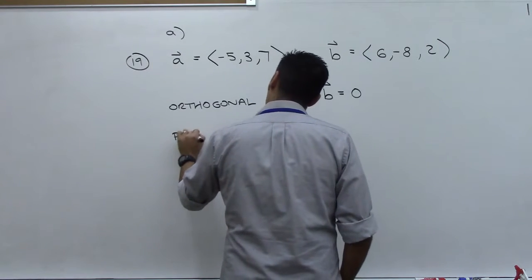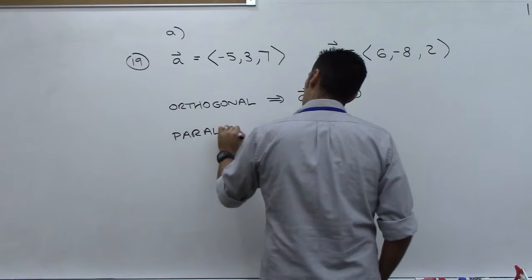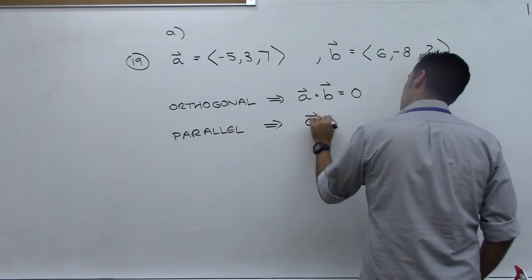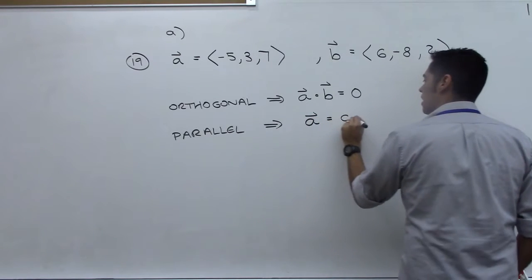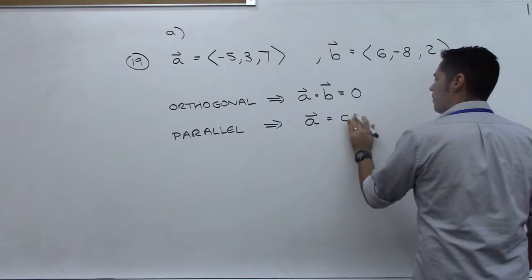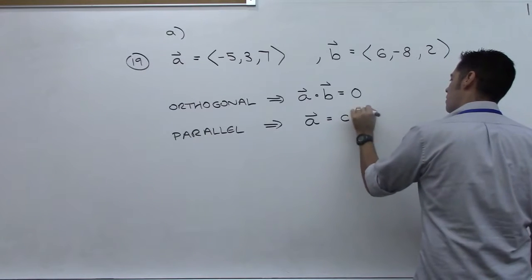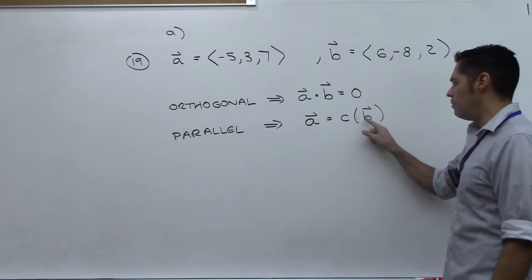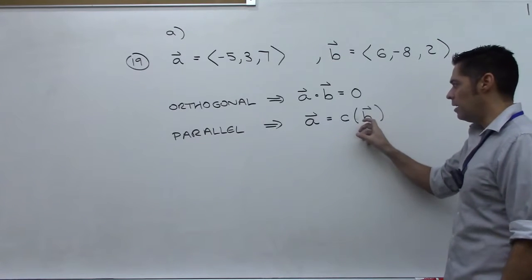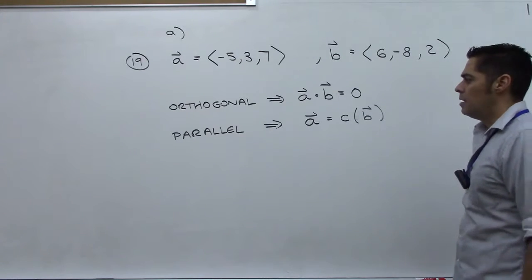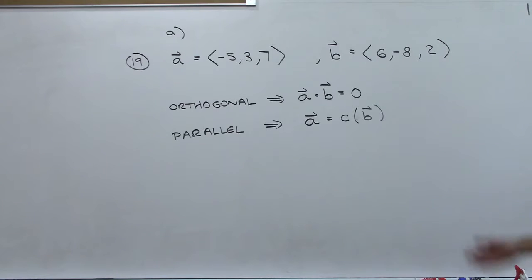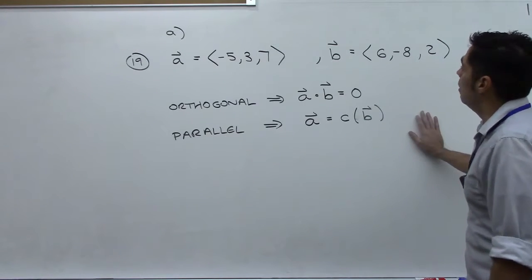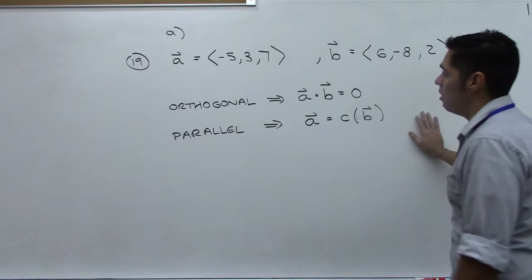Parallel would mean that A must be some scalar multiple, C, times the vector B. So there has to be a way to just multiply the vector B by a number, scale it, and get A. And then neither would be if those two things are not true. So let's look at the orthogonal first.